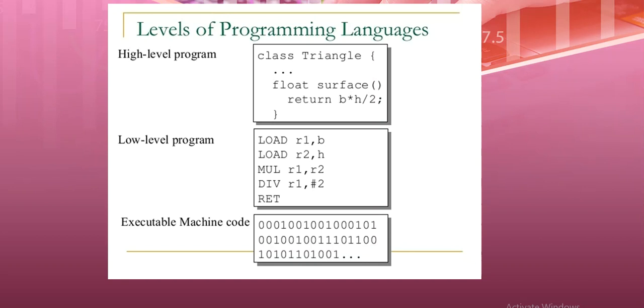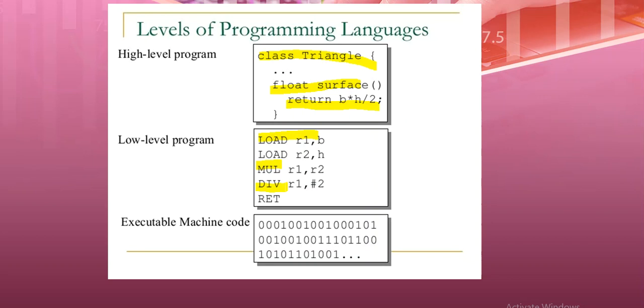Now let's see the different levels of programming languages. First is your high level program. This is going to use keywords such as class triangle, float surface, return. All these simple keywords will be used in high level programming. But if you convert this into low level programming, it is going to use words like load, mul, div. These are your mnemonics.